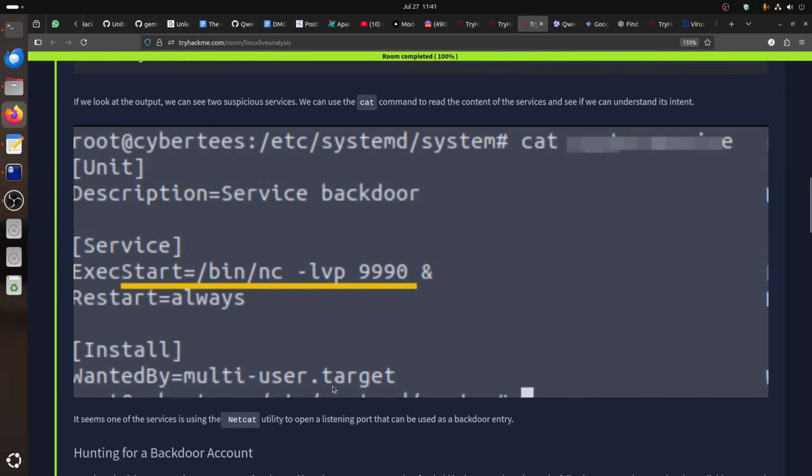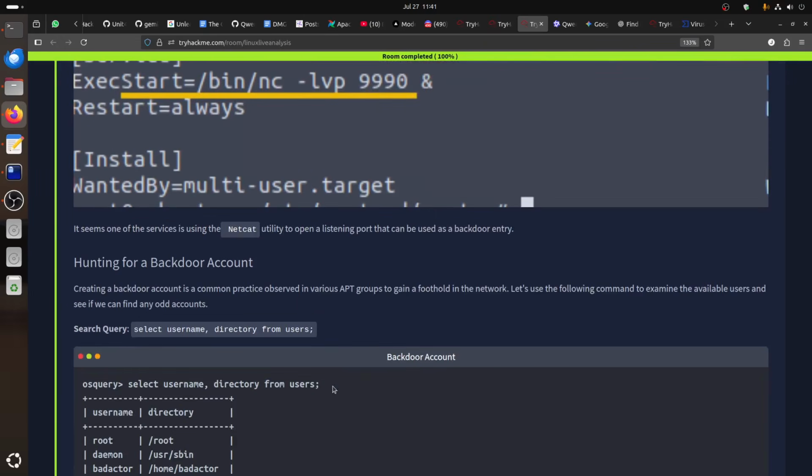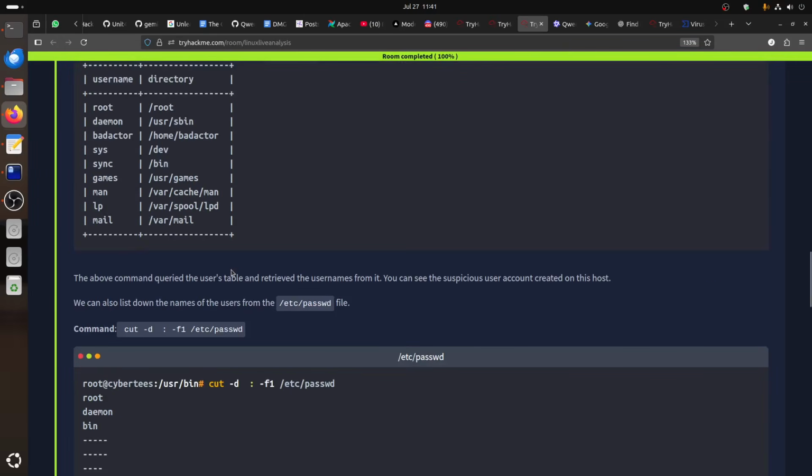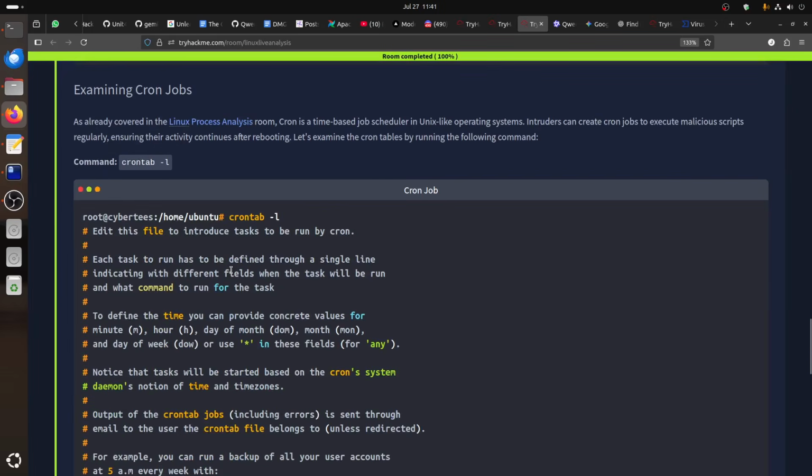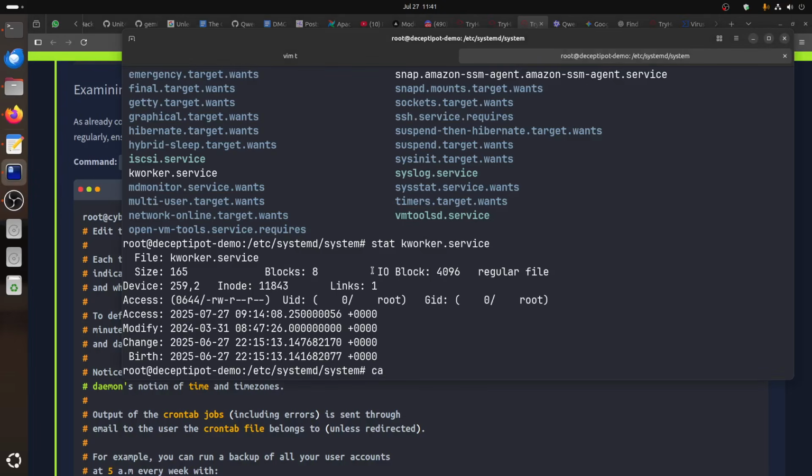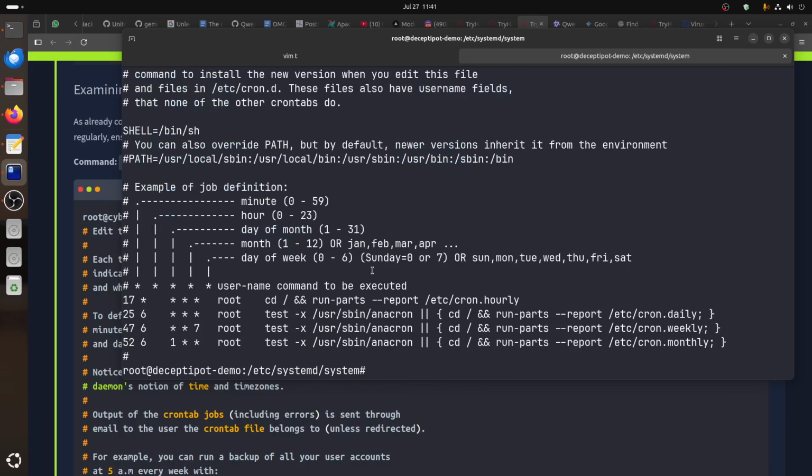Did they talk about it here in TryHackMe? Hunting for backdoor accounts. The cron: there is no cron in this one. I tried cat etc cron. There is no cron. So the most interesting part is this one.